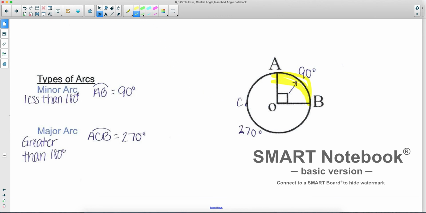And then you have an option. If I'm talking about this major arc, I can either say major arc AB and say that's 270, or notice I just put another point, C. And I have ACB, and now when I say arc ACB, you go in that order. So from A to C to B is 270. You can see this is greater than 180, this is less than 180.